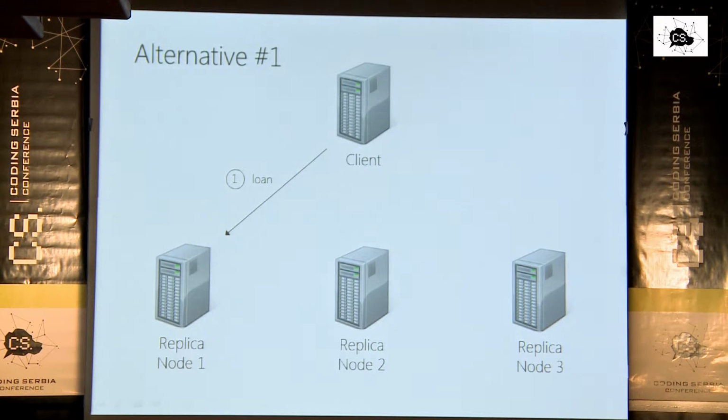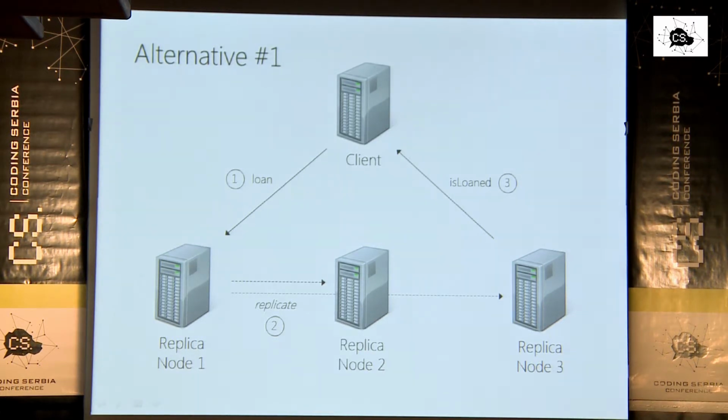One situation is your loan action hits that node, then the application takes place, and afterwards the is-loaned query hits that node. There's probably a load balancer in between or some routing strategy, which we don't influence actually. It comes back to you and says, yeah, it's loaned.